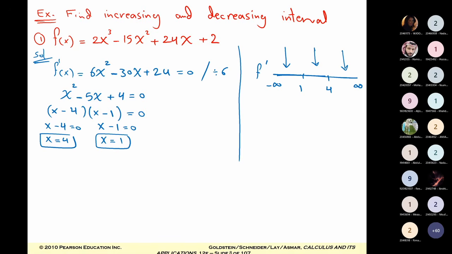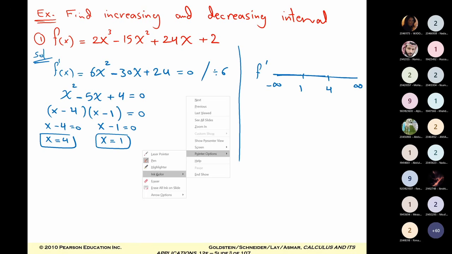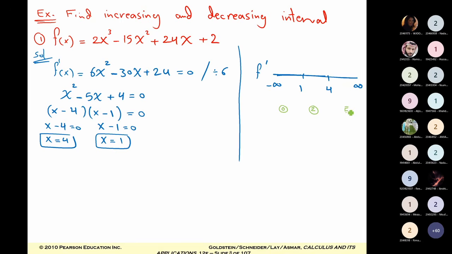So we have 3 regions. Now choose any number in each region. For example, from minus infinity to 1, we can choose 0. From 1 to 4, we can choose 2. From 4 to infinity, we can choose any number, 5, 10, 8, any number.